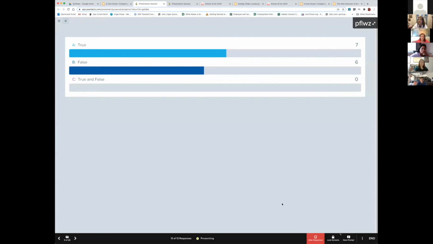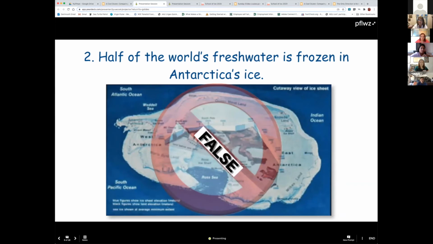There we go. So 7 said true and 6 said false. And the answer is false because 70% of the world's fresh water is actually locked in Antarctica's ice, and over 90% of the world's ice is in Antarctica. Tricky question, I know, but you have to make them tricky for true false. All right, the next one.